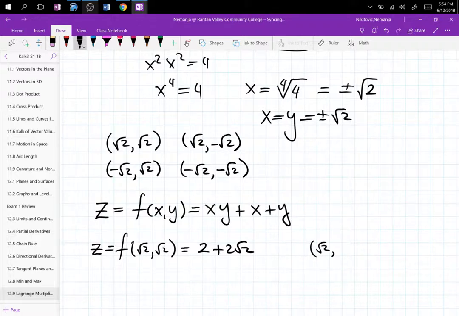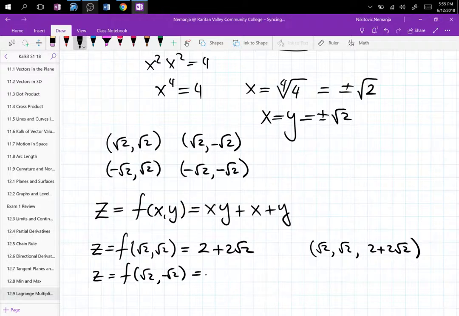So we have root 2, root 2, 2 plus 2 root 2. Next one, z is root 2, negative root 2. Well, that's going to give me negative 2, and then these guys die. So root 2, negative root 2 and then negative 2.